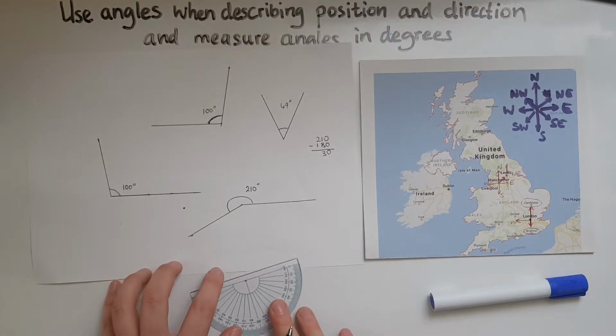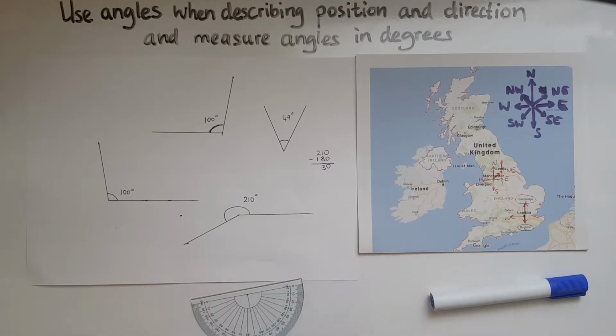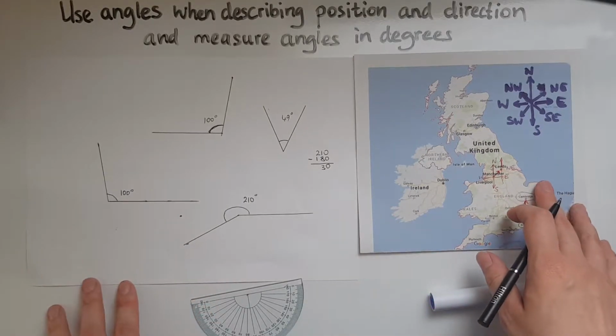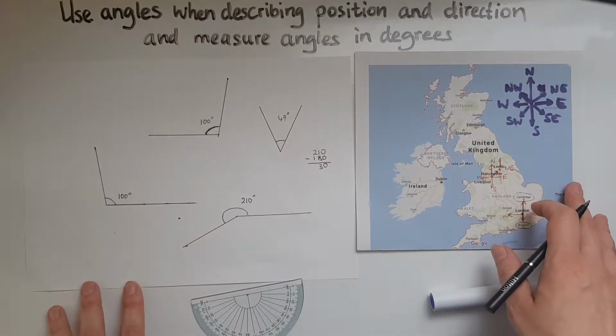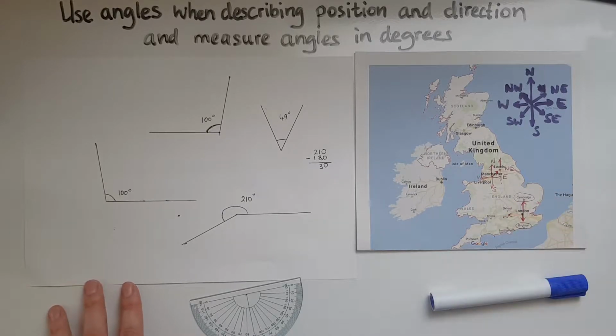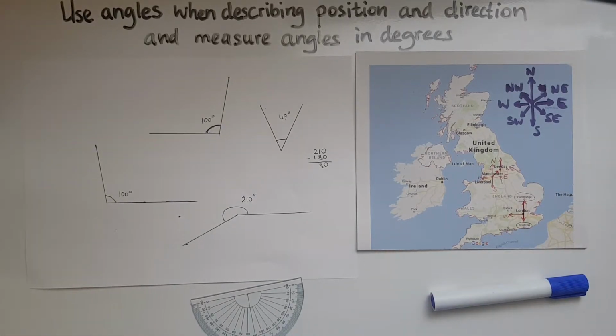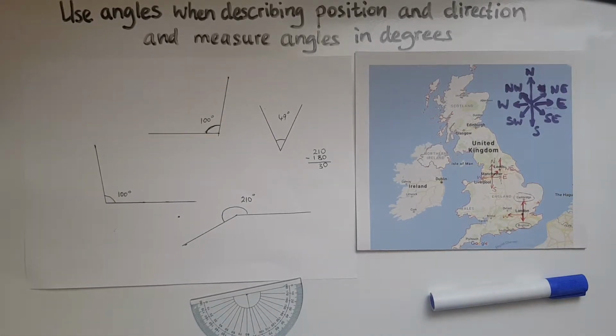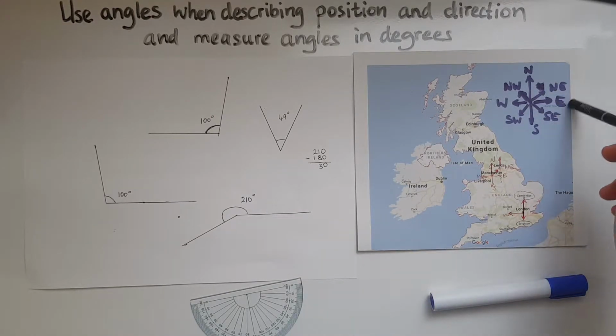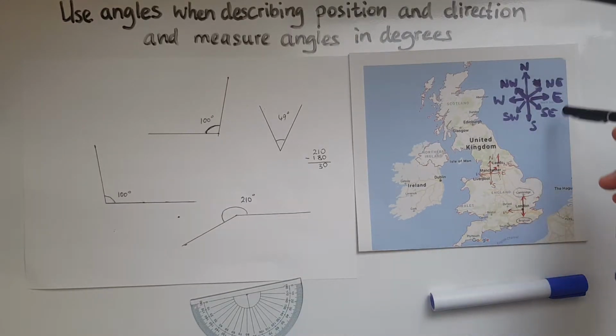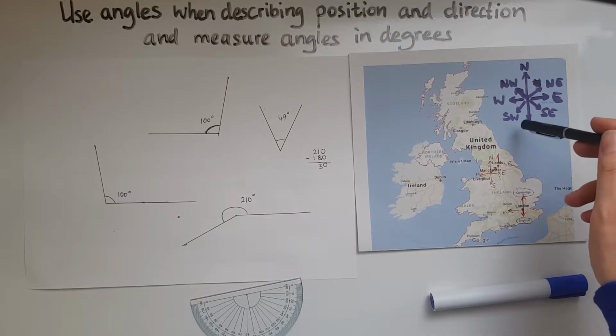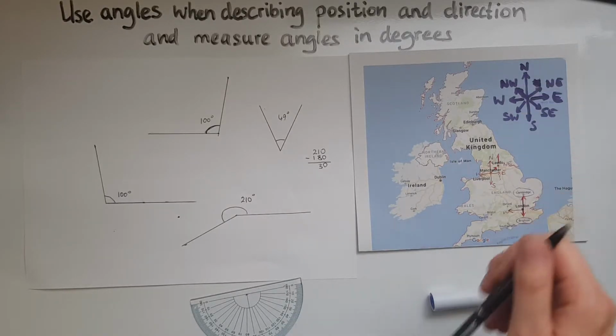What I'm going to do now is try and describe position and direction using a map. At entry 3, we looked at a map and we identified 8 compass points, which were north, south, east, west, northeast, southeast, southwest and northwest.